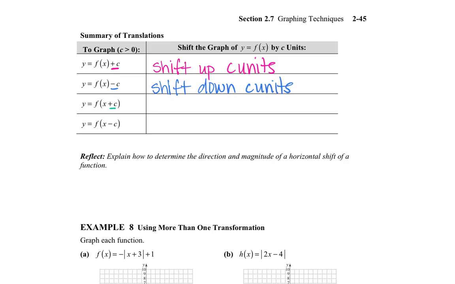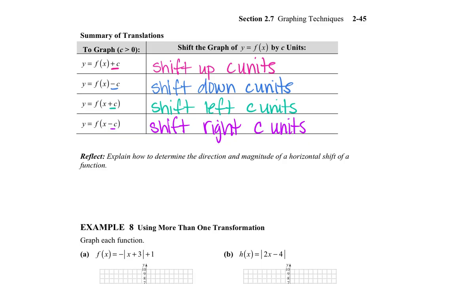If you add c inside, this is a shift left. And if you subtract c, that is a shift right, c units. That's because if you plug in a negative here, a negative makes a positive.